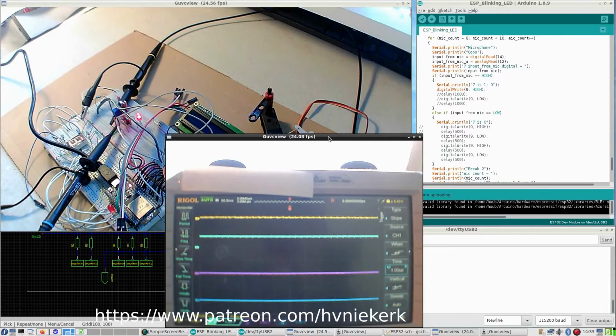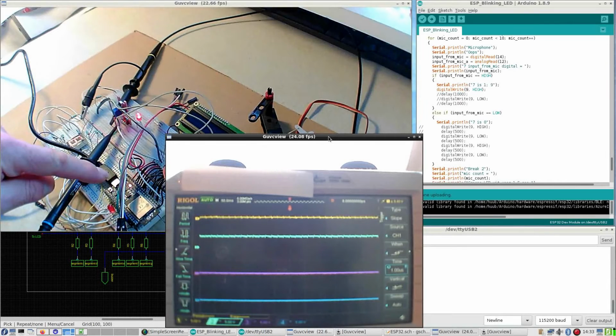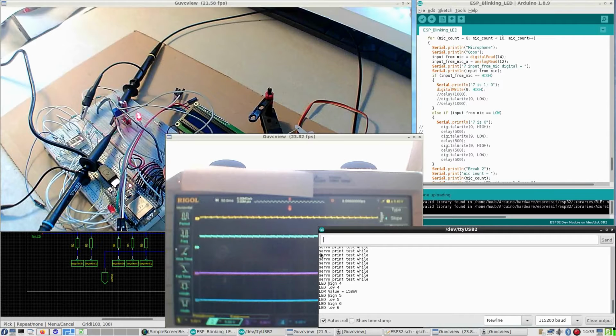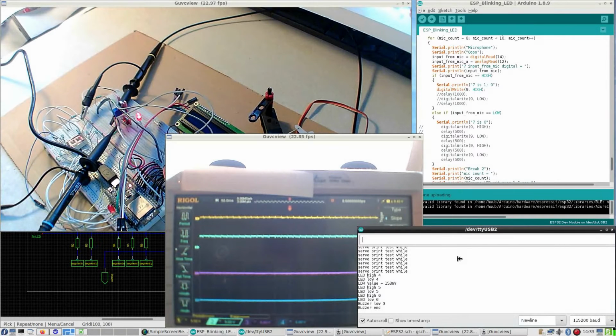So despite me reading the input for this output, it doesn't do much. So the question is, does the microphone actually work?